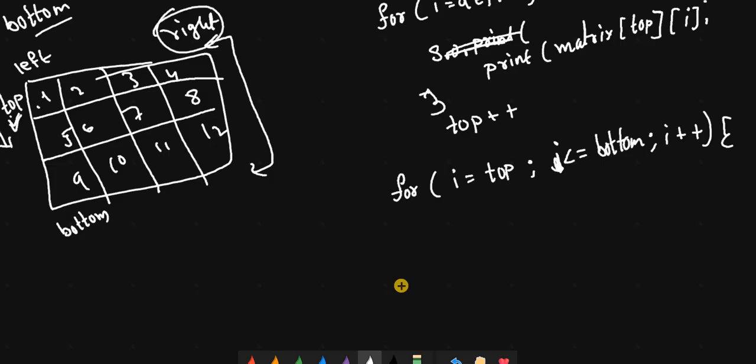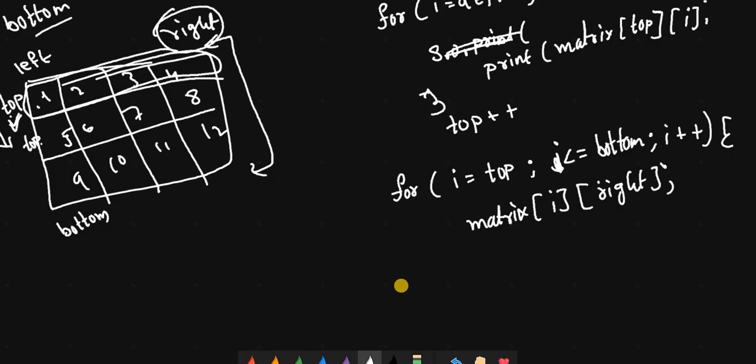And when you are iterating from top to bottom, you have to find this row, not this one, because this one is already retrieved. Okay, for that matrix of i, the column is the same, but rows are changing. So first initialize as i, and after that the right column is common.